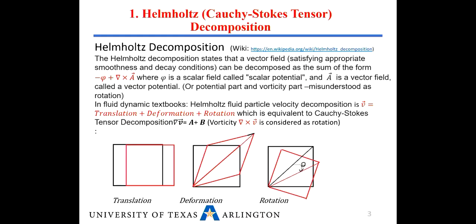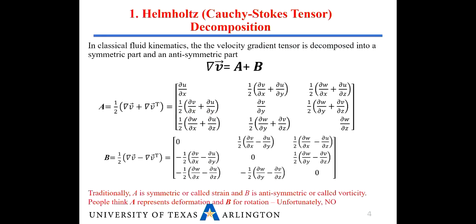So, if we talk more theoretically, it is the Cauchy-Stokes decomposition. This is the Helmholtz velocity decomposition: deformation and rotation. And then if we go to Cauchy-Stokes, they are symmetric and anti-symmetric.